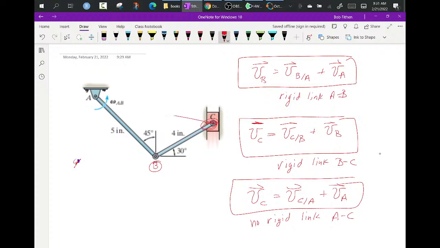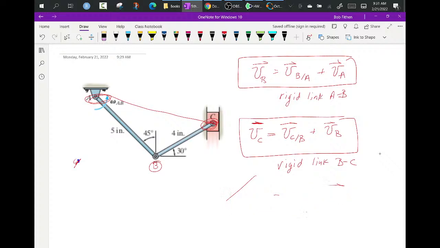Here's A and here's C, and there's not a link there. You can write an equation all you want, you can't use it. It's useless and doesn't get you anywhere. So what I can do is run down the links, the way I've got them in here.